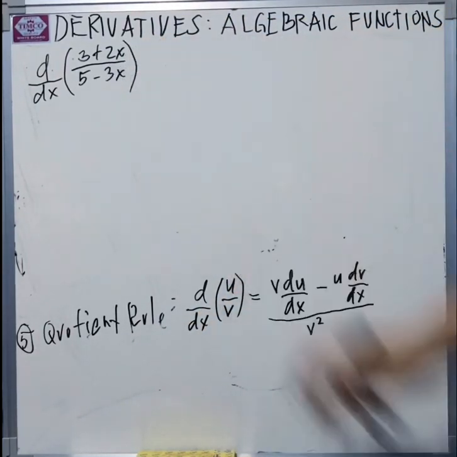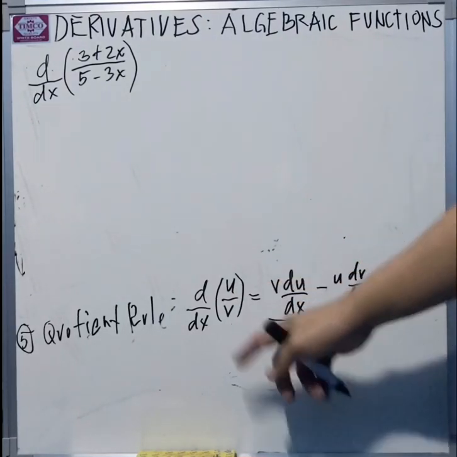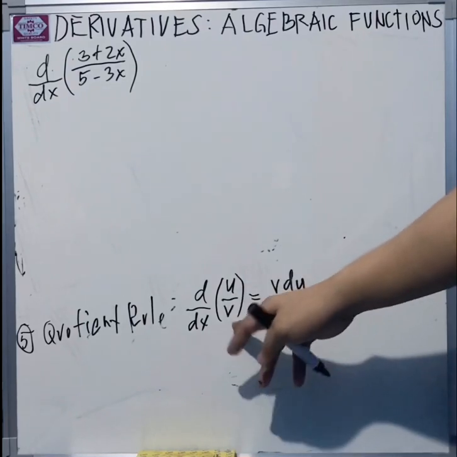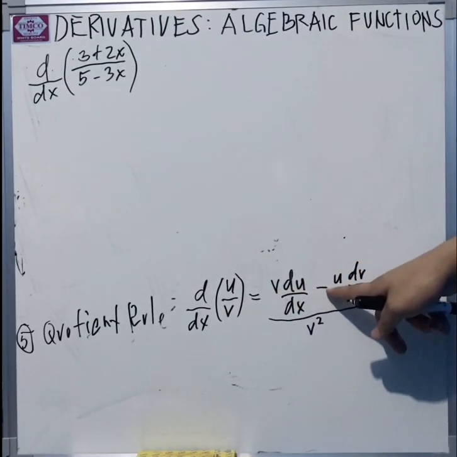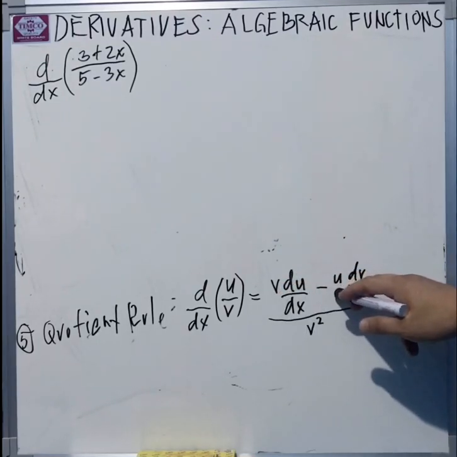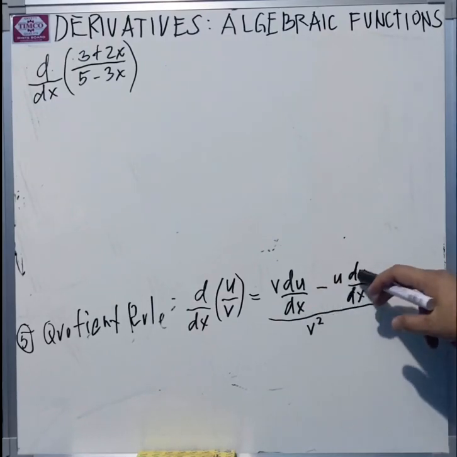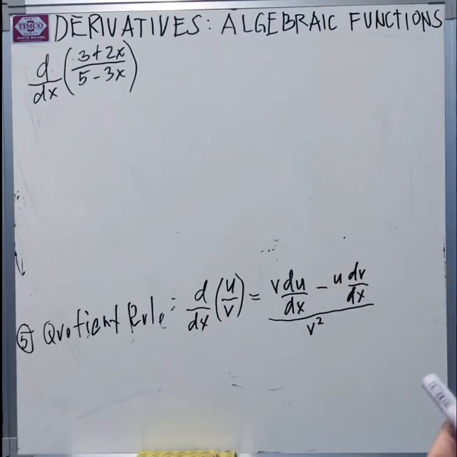So first, we have to identify which is u and which is v. To substitute, we need v, we need u, and also the derivative of u with respect to dx and the derivative of v with respect to dx.